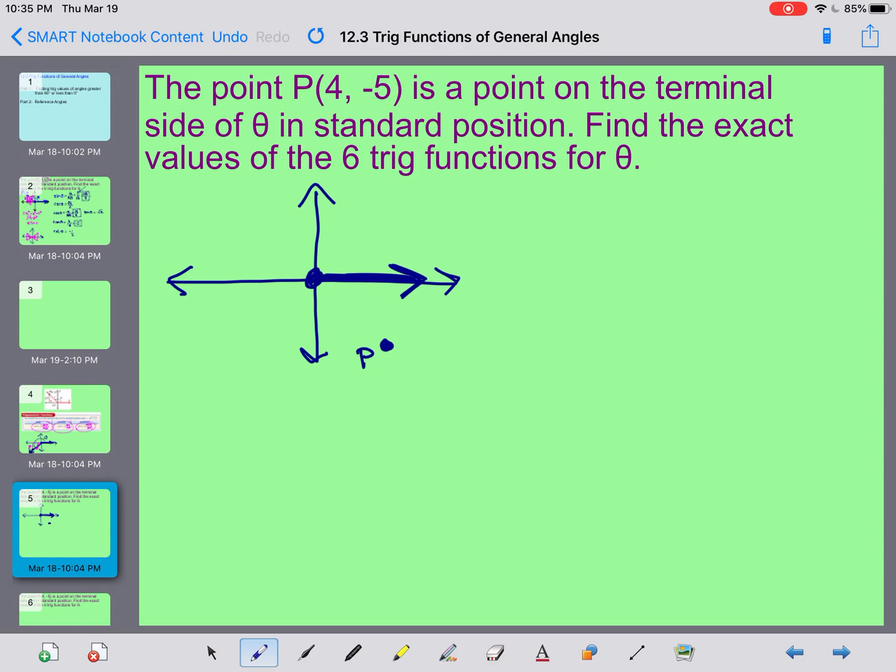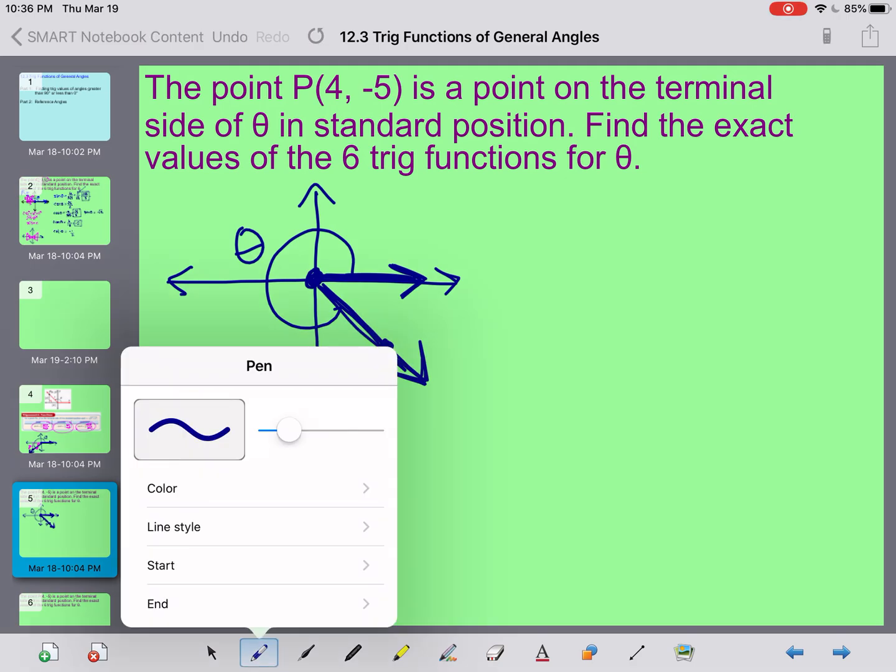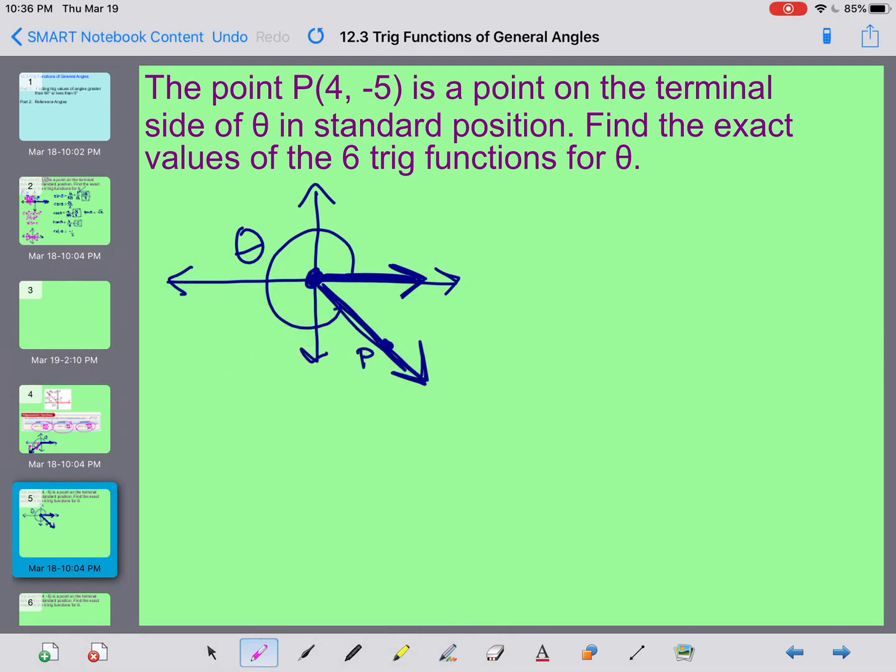I'm going to call this P. That's my terminal side. Theta would be this big angle there. I'm going to draw my triangle. I'm going to go from P, go straight to the x-axis, and this is my right triangle.